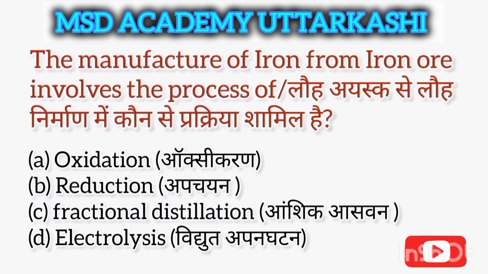Next question. The manufacture of iron from iron ore involves the process of option A oxidation, option B reduction, option C fractional distillation, option D electrolysis. So the correct answer is option B reduction. Next question.